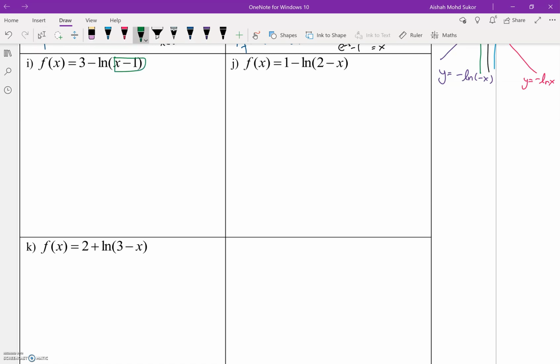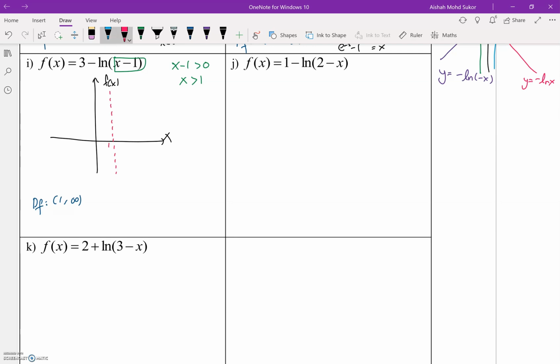Next, 3 minus ln(x minus 1). f(x) exists when x minus 1 is greater than 0, so x must be greater than 1. So our domain is 1 to infinity. We know that our graph will exist at x greater than 1. Therefore, at x equal to 1, there will be a vertical asymptote.